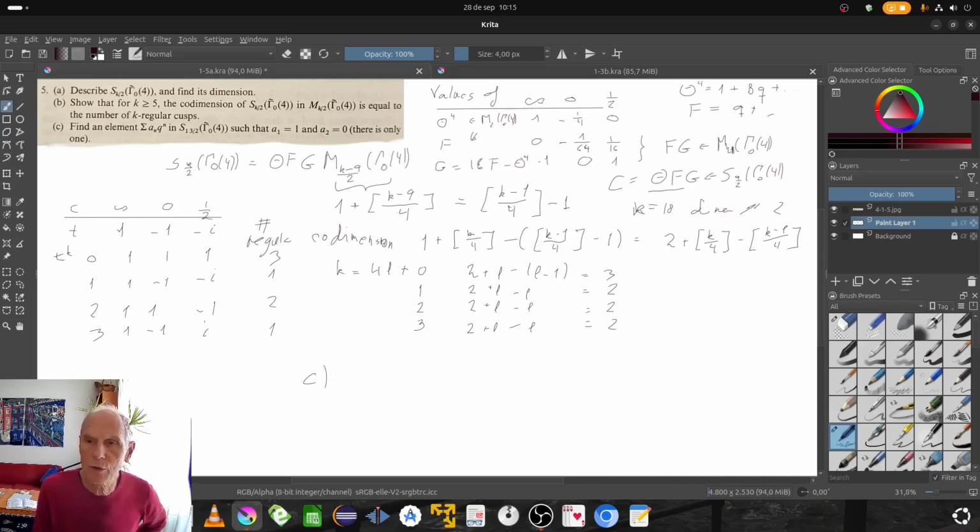That was just wrong. In 13 halves, there we have theta f squared g, theta f g squared.